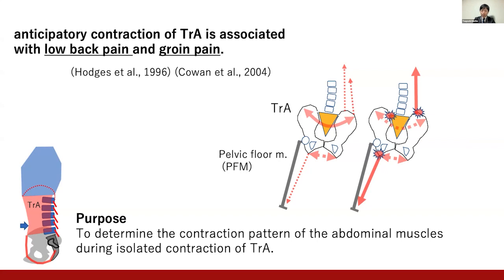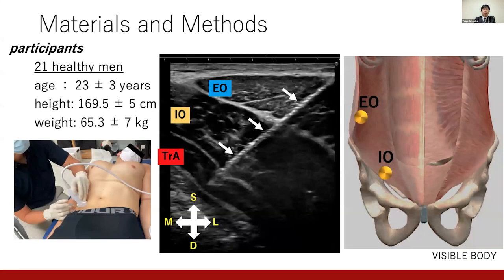The details of the muscle contraction during an isolated contraction of the TRA have not been clarified. So the purpose of this study was to determine the contraction pattern of the abdominal muscles during isolated contraction of the TRA. The participants were 21 healthy adult males.